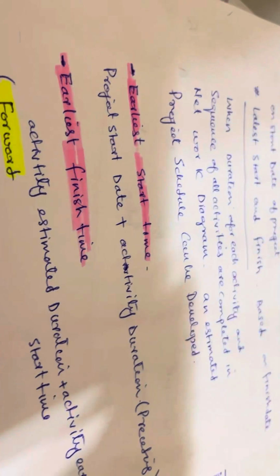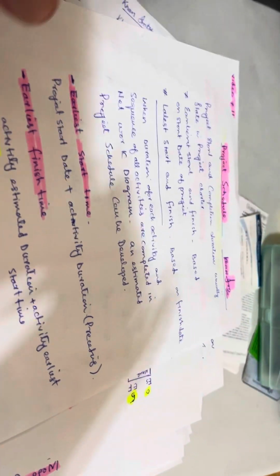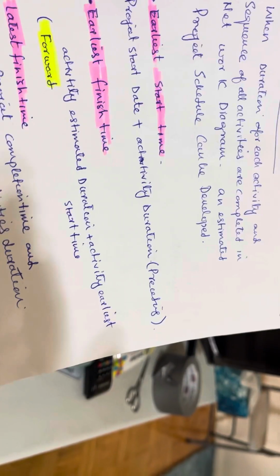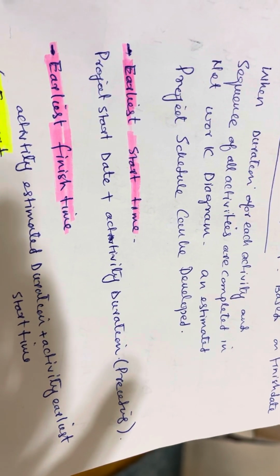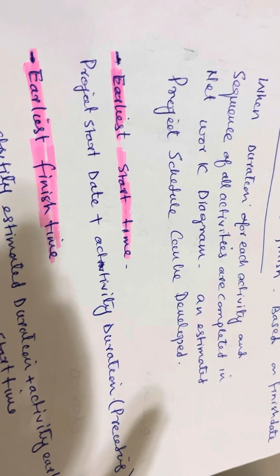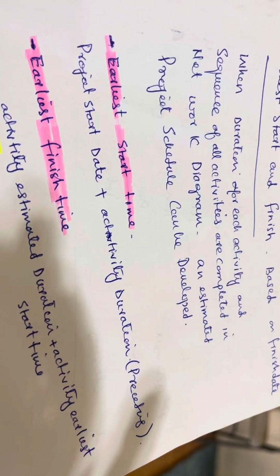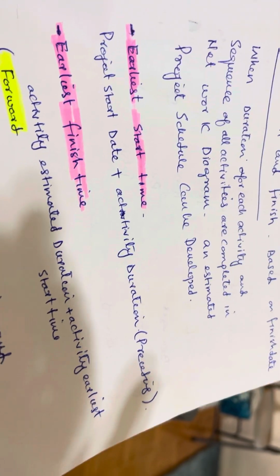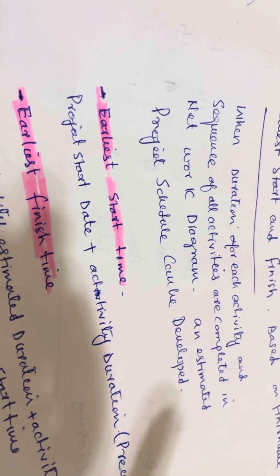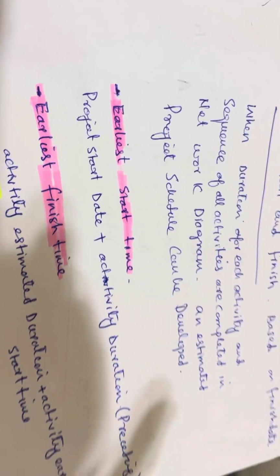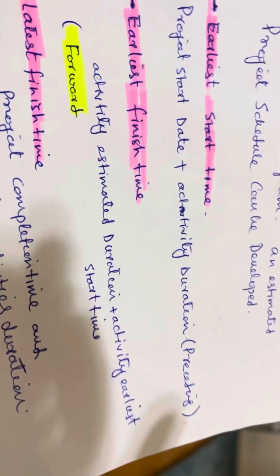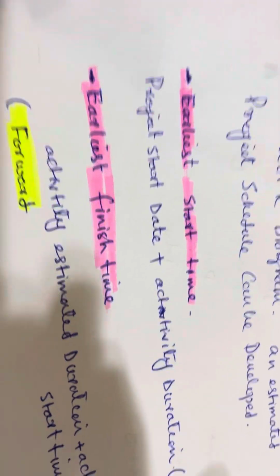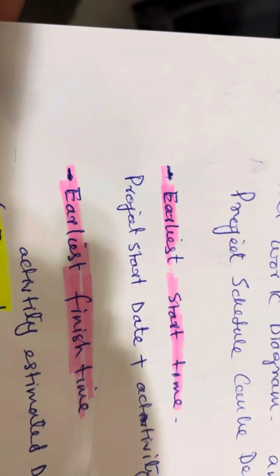So there are a few things we have to remember in the project schedule. The first one is the earliest start time of an activity: project start date plus activity duration. Let's say the project start is 0 day and the first activity is 5 days. So 0 plus 5, and then we continue in the schedule from left to right.